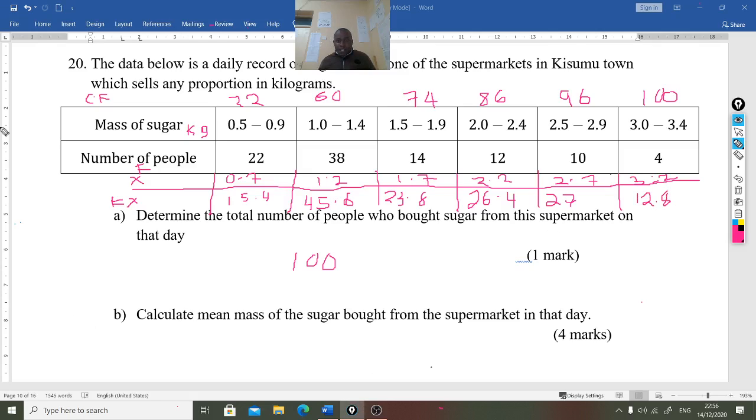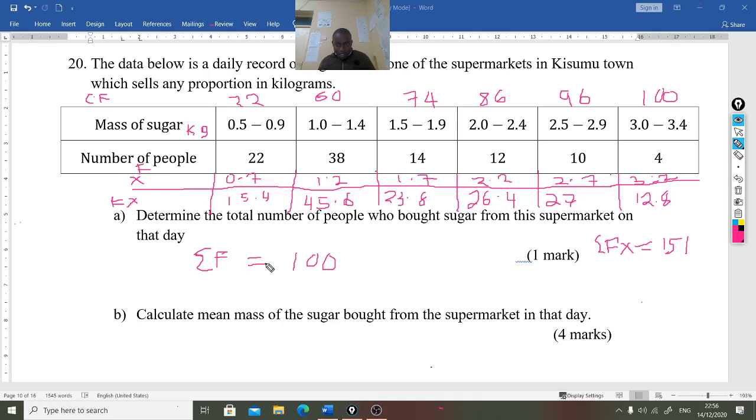We need to find the sum, that is the summation of fx. We add all these, and summation of fx gives you 151. And remember, 100 is the same as summation of f, the frequency.